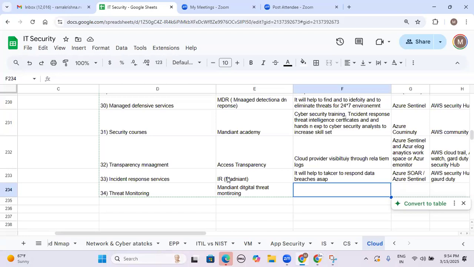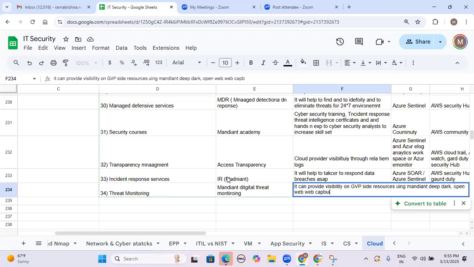It can provide visibility on GCP resources using Mandiant deep and dark web capability, and also open web capability and threat intelligence capability.